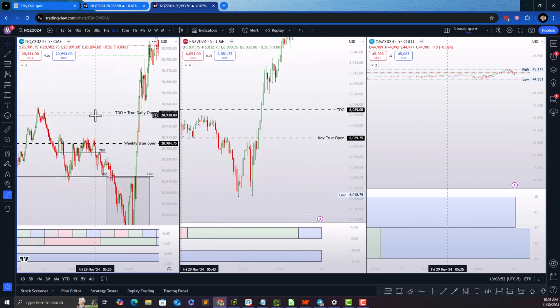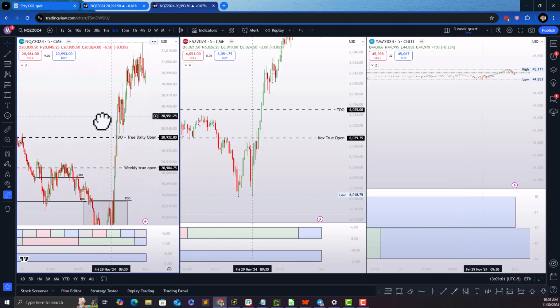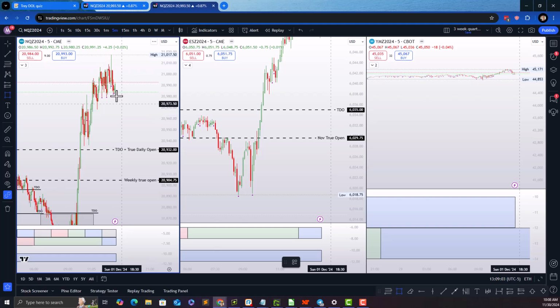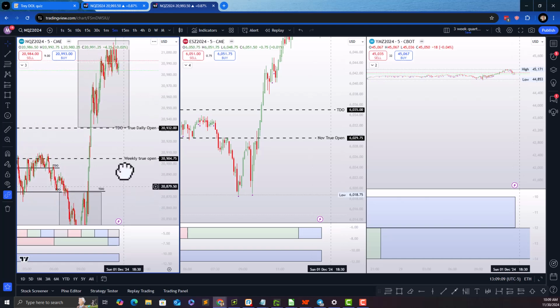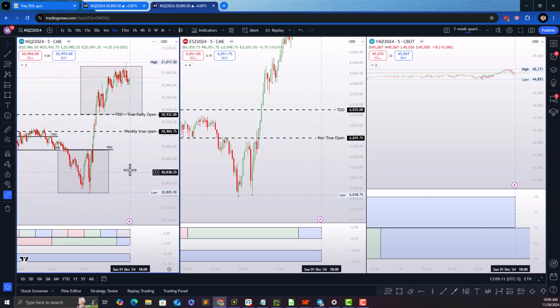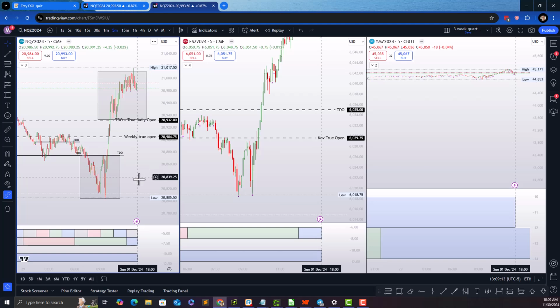I'm just highlighting here the stacked true opens, and then we'll show the discount area for bears, shorting up here. And that's it. That is the true opens for the yearly, the quarterly, monthly, weekly, daily, and the sessions.